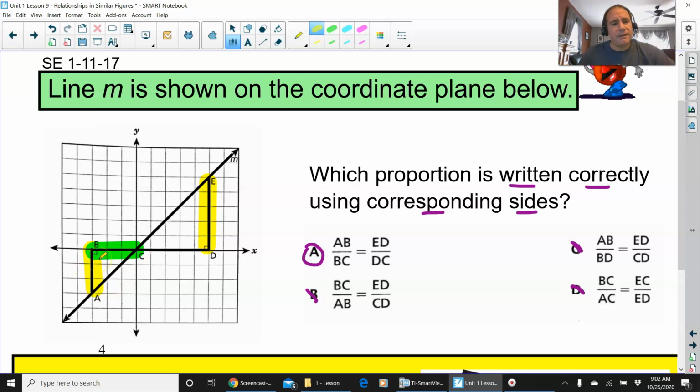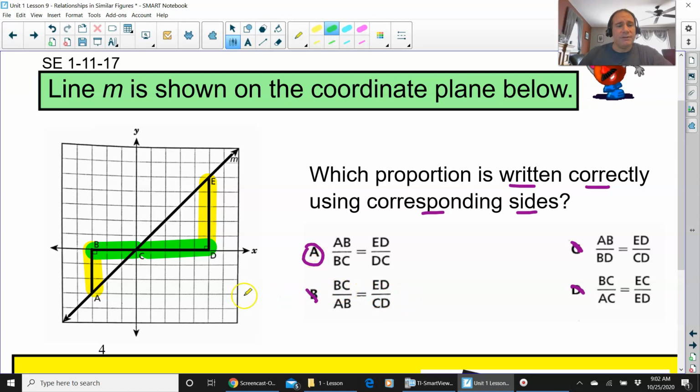What happened is that it flipped and it expanded. All right, it enlarged. So the smaller triangle flips over, and now this AB is located here as ED. Hopefully you do see that. And then DC is down here where BC would be. So that matches up as a proportion.